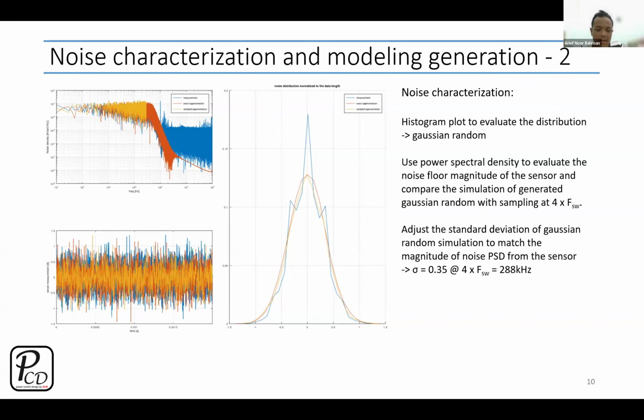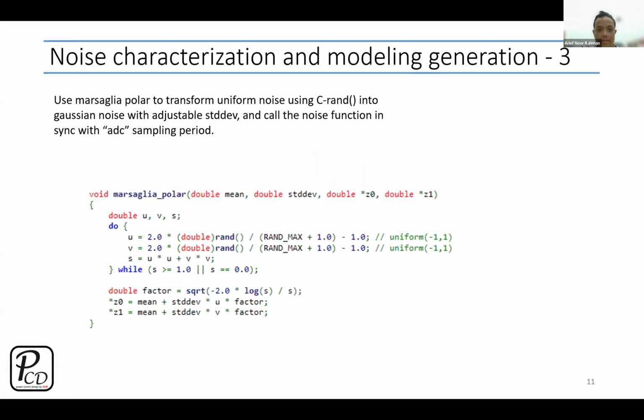Okay. And then to make sure that the noise generation doesn't bog down the simulation speed, I only generate the noise at 4 times the switching frequency, which is equal to the ADC sampling rate. Okay, and then for the actual noise generation in the simulation, I'm using this method called Marsaglia Polar.